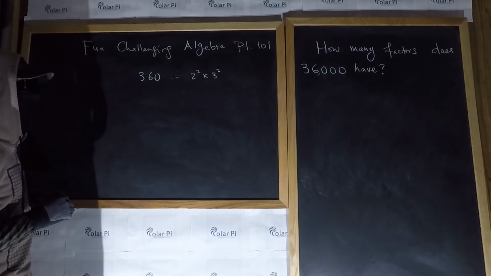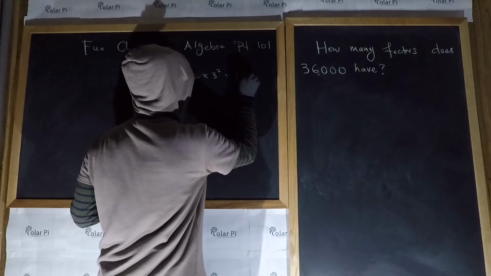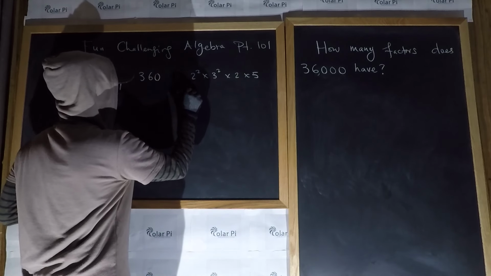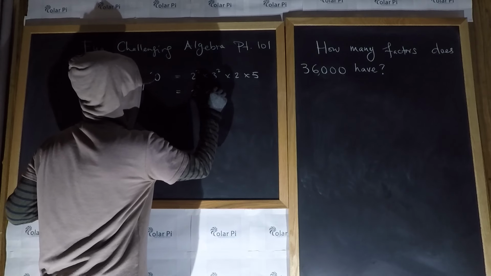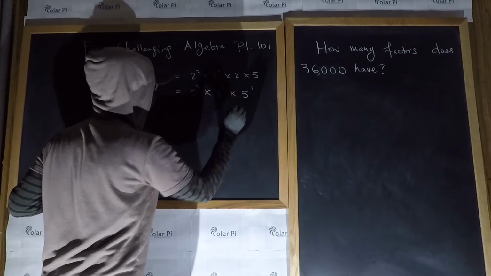Then we need times 10, so times 2 to the first, and then times 5. So we have 2 to the third times 3 squared times 5 to the first.